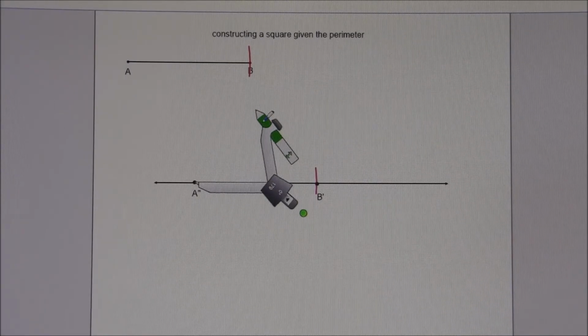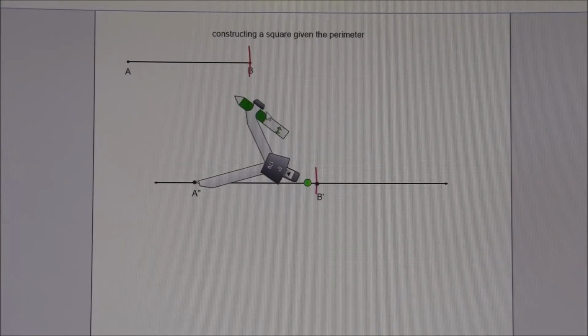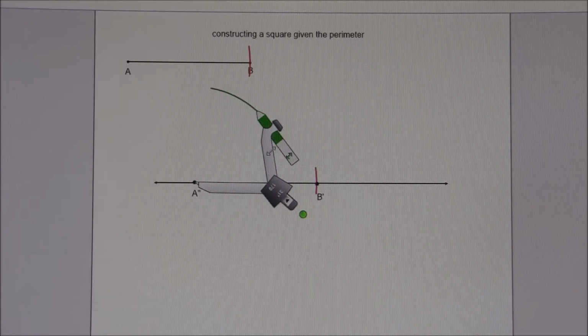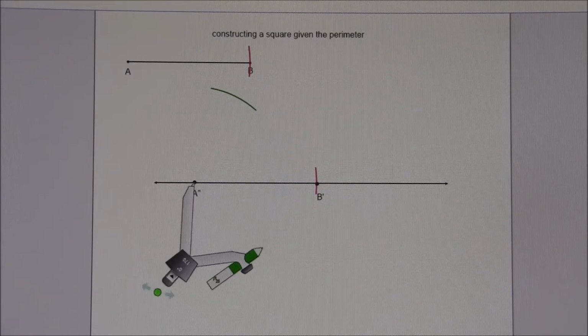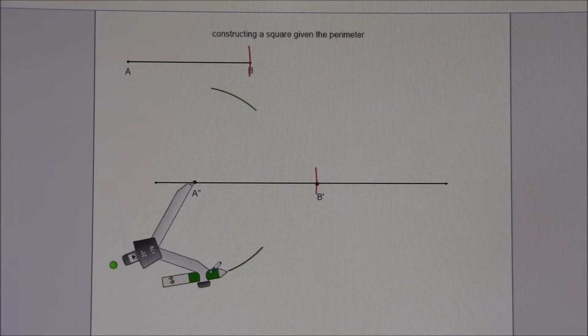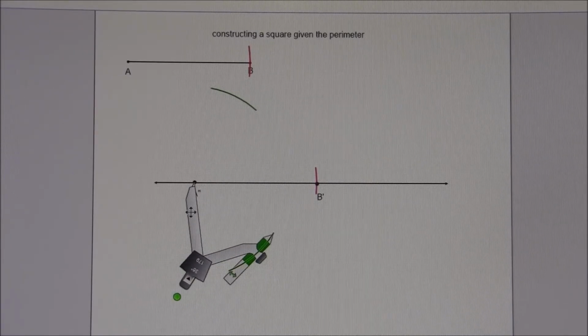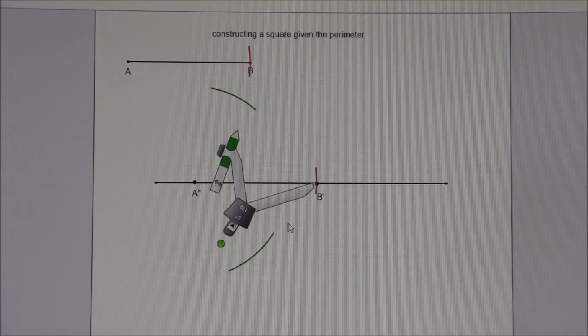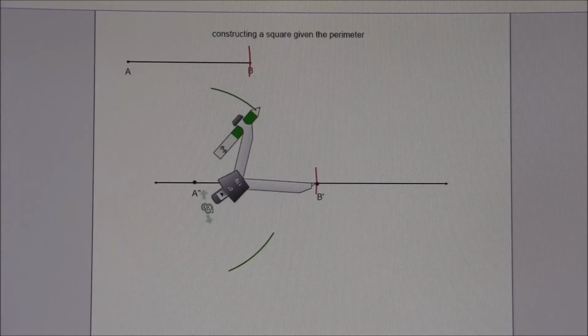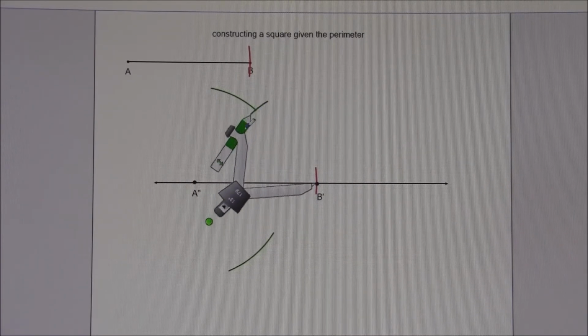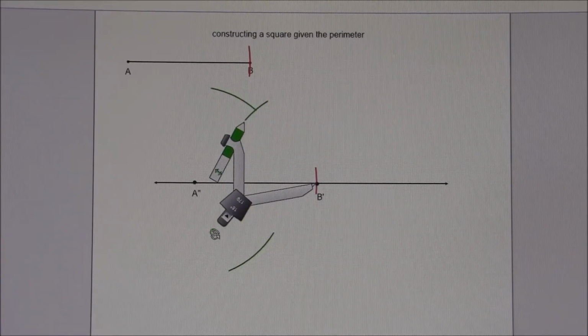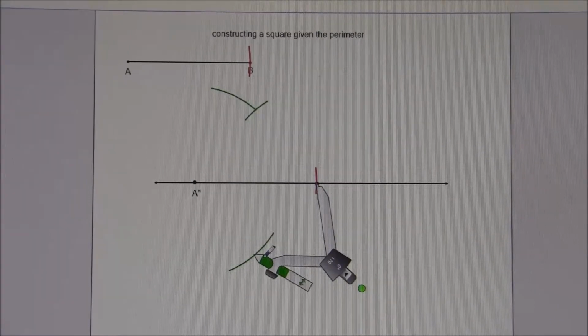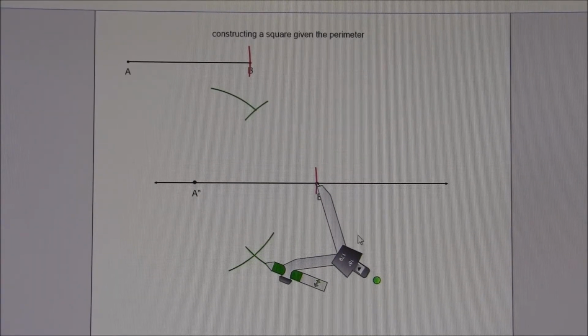Arc on top. Arc on the bottom. Now switch to the other side. I can make the big arcs, or you can make these as you see.